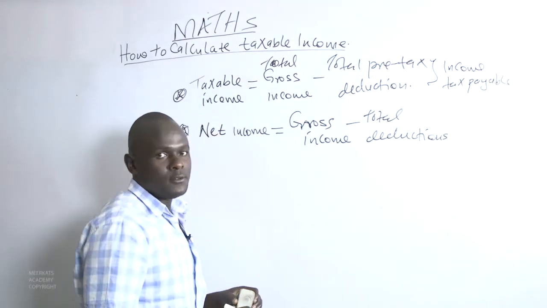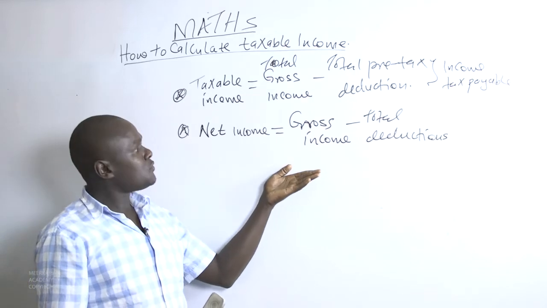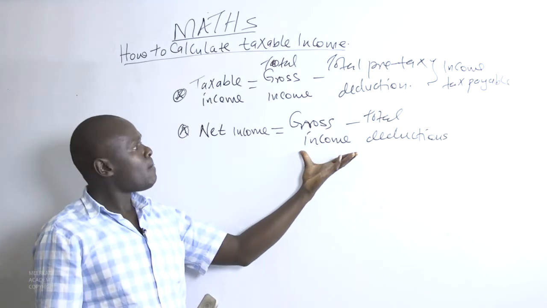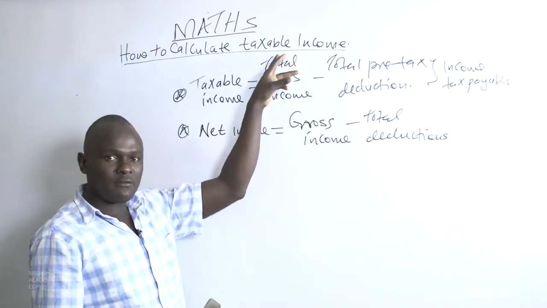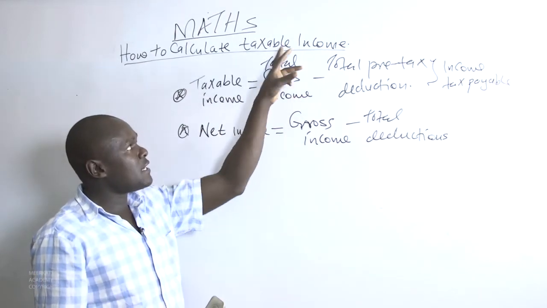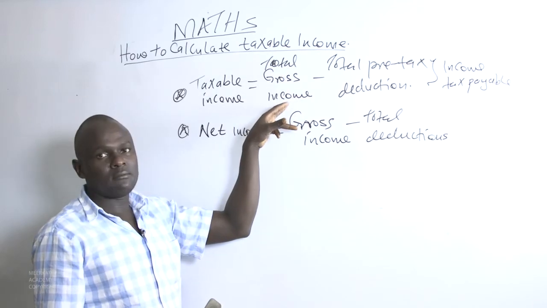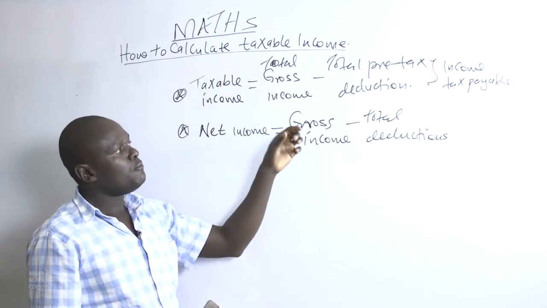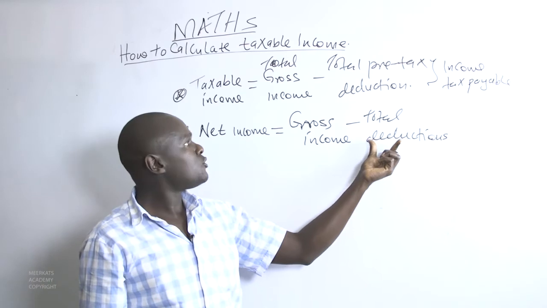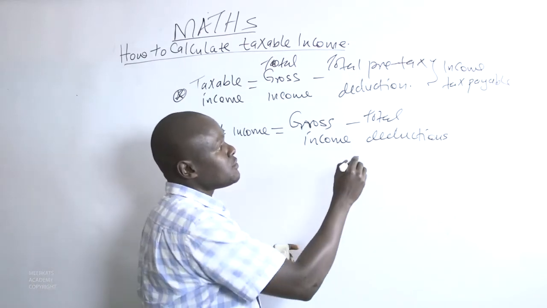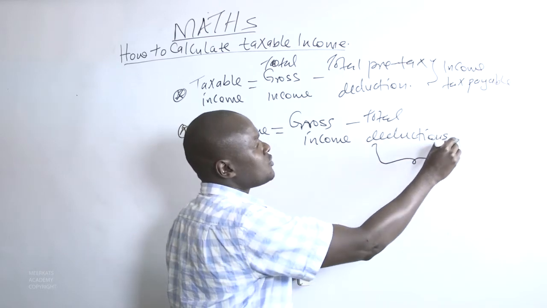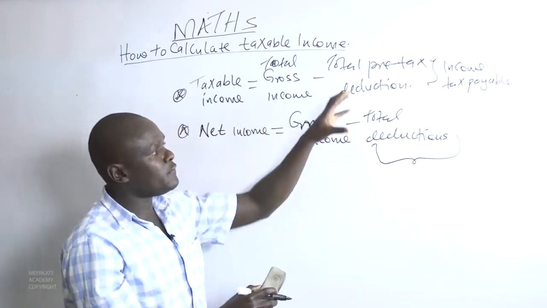In the second case, the gross income can have the components that we have just talked about. But when we talk about the total deductions, these are not similar to the ones in the first case.